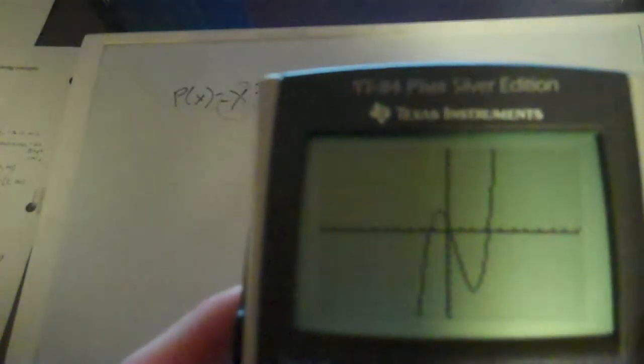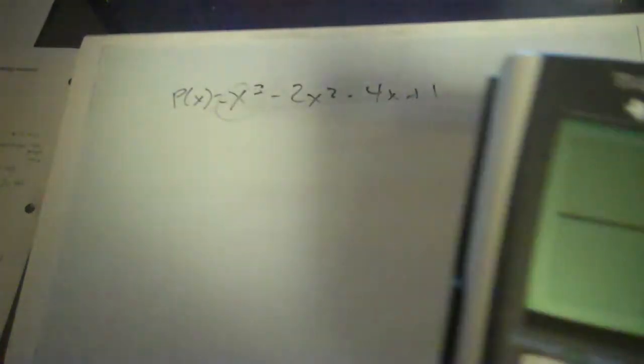Enter, graph it, and it already has my graph, which may take a couple seconds to load on yours. To find the zeros, we're going to hit second, and then we're going to hit calc, which is right here, and go to zeros, which is number 2.